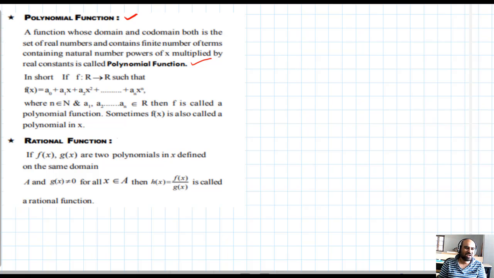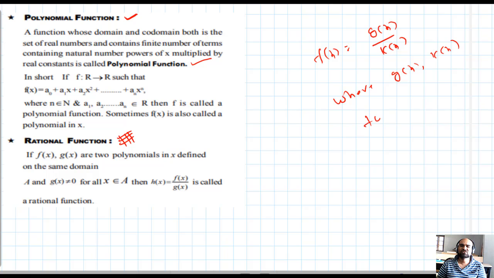The second one, rational function. A function f of x should have the form g of x by k of x, where g of x, k of x are polynomial functions.